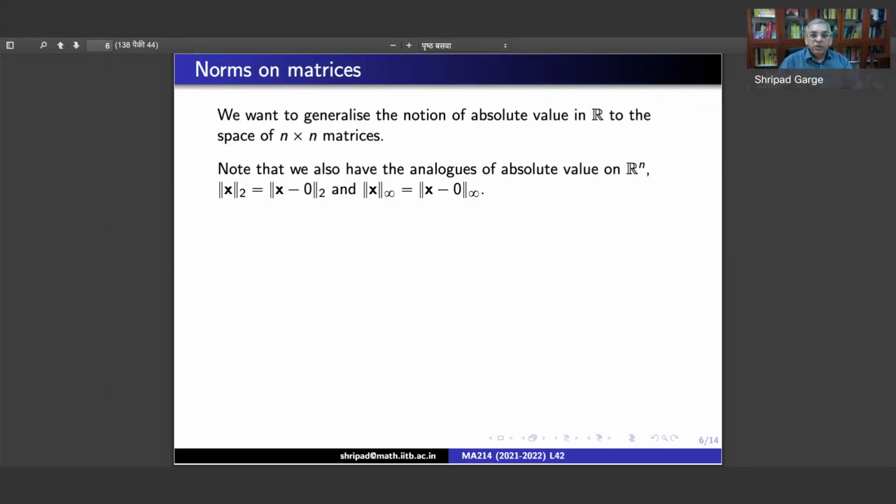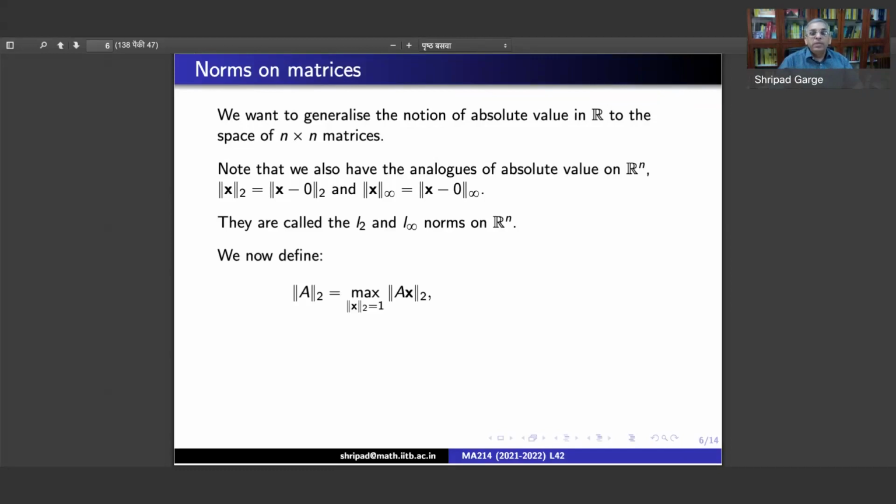And now if you want to think about matrices, that is very easy. Once again, we have two norms on matrices. The L2 norm is given in the following way. So let me just give both of these and explain these to you. What happens is that capital A is a function from Rn to Rn. When you start with an x in Rn, the Ax is also in Rn. Okay. So what we do is as follows.